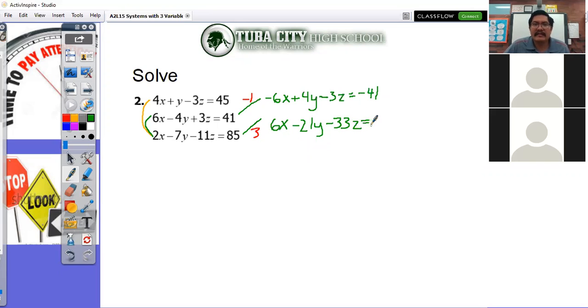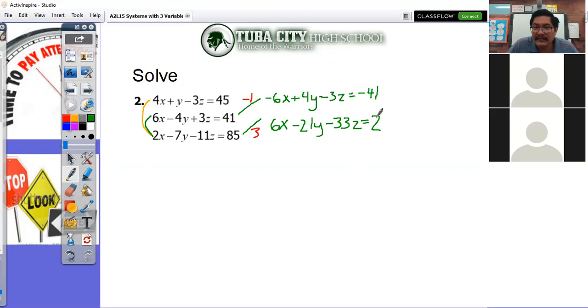85 times 3, so that would be 15 plus 240, so that'd be 265. And I'm going to double check that just because I should have grabbed a better calculator. 85 times 3. Okay. And like I said, don't be afraid to double check yourself. 255. 85 times 3.